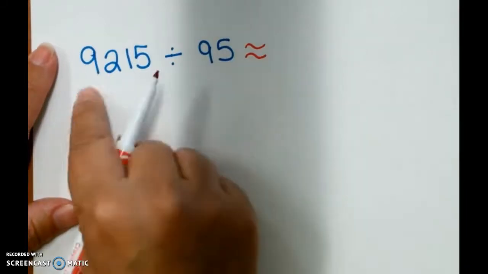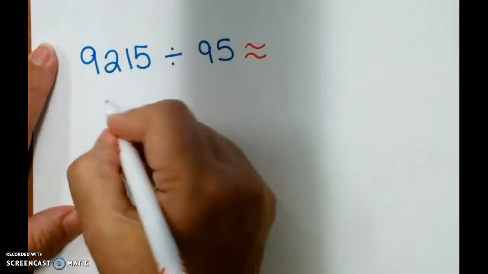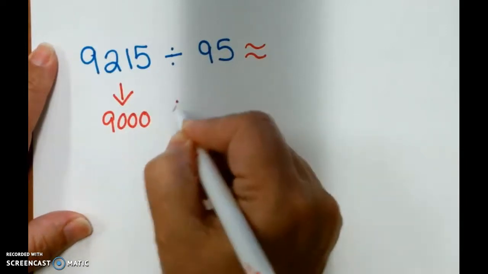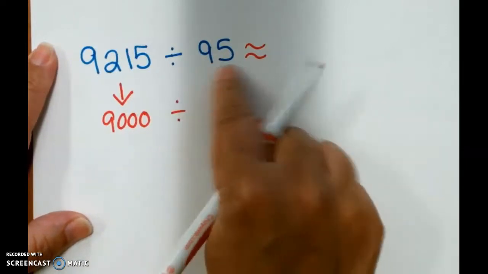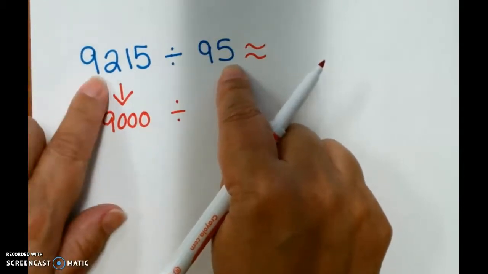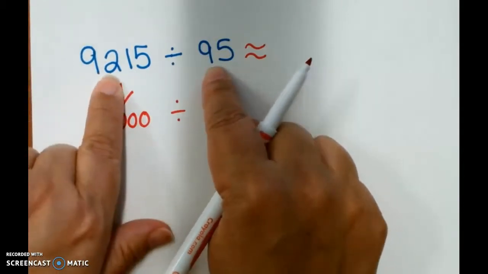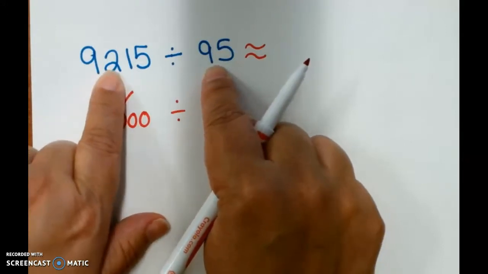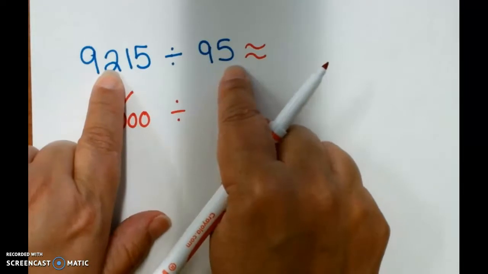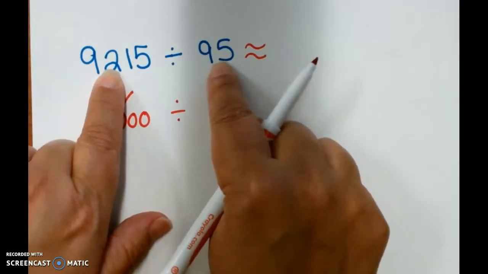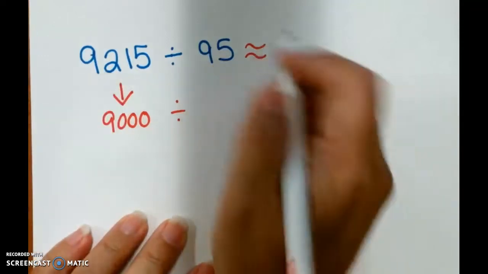Or I could round this to 9,000, and because 95 is in the middle, I could go either way. If I round it down, though, to 90, that's going to be a problem because 92 is less than 95. So that's not really going to work too well for me when I try to divide.